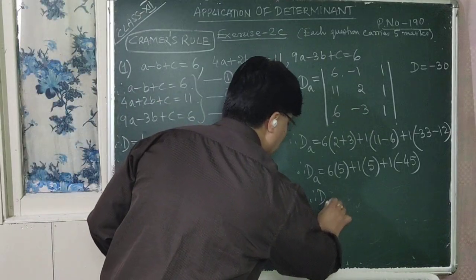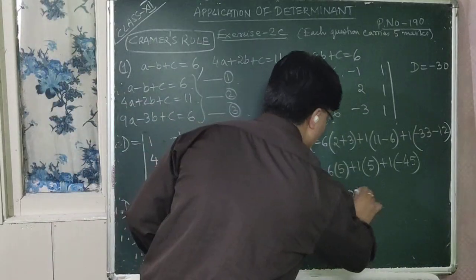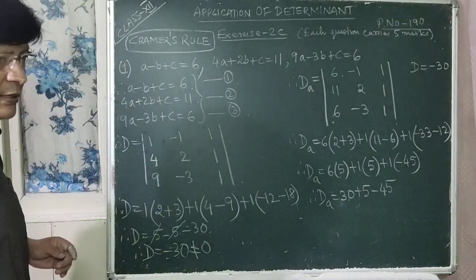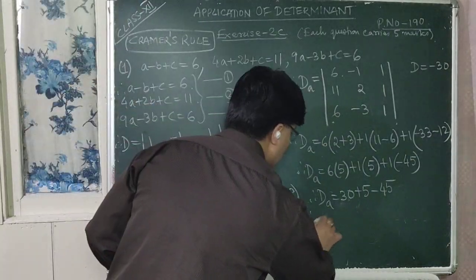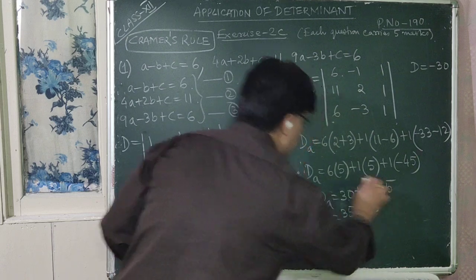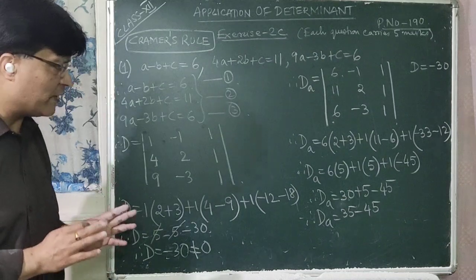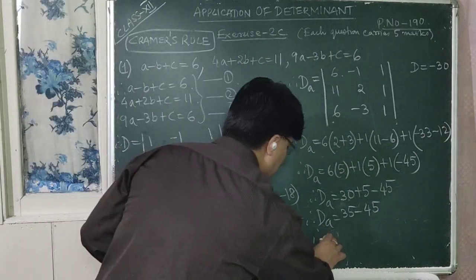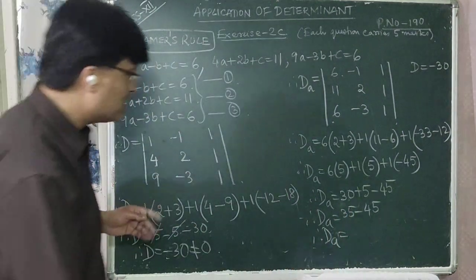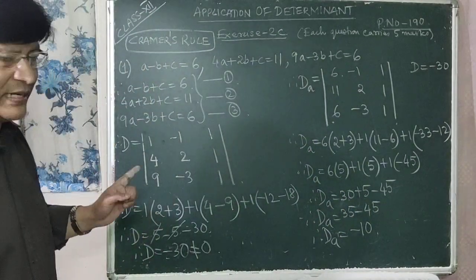So therefore DA is equal to 6 fives are 30, plus 1 five is 5, minus 45, right? So DA is equal to 35 minus 45. Different sign, you have to subtract and write down the sign of the greater number. That is minus 10. So DA is equal to minus 10.